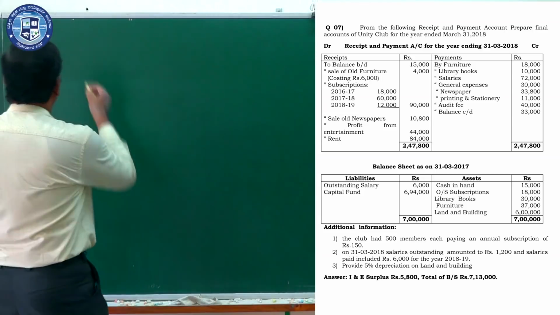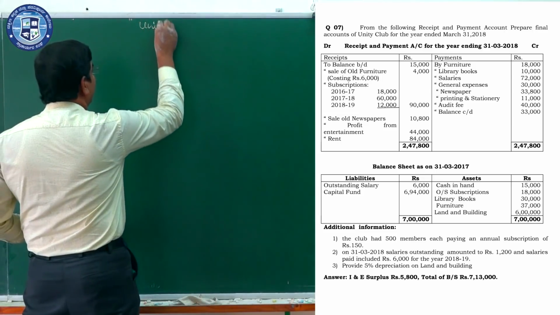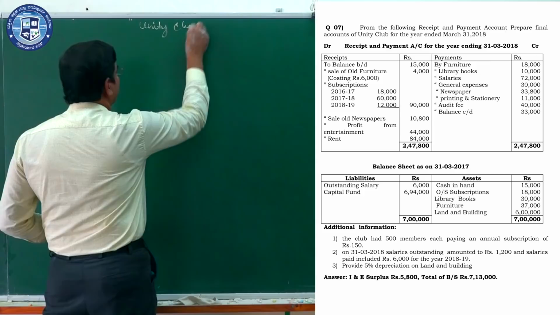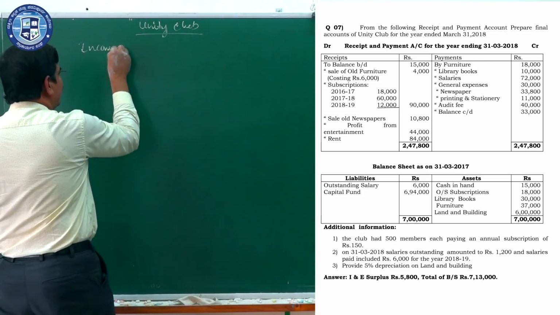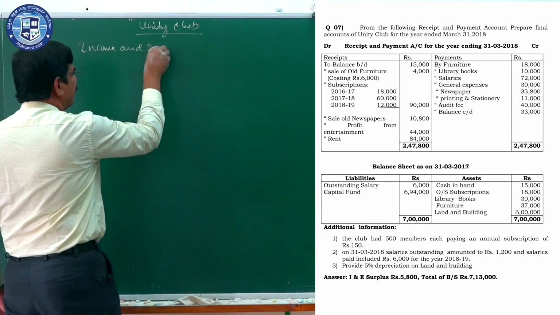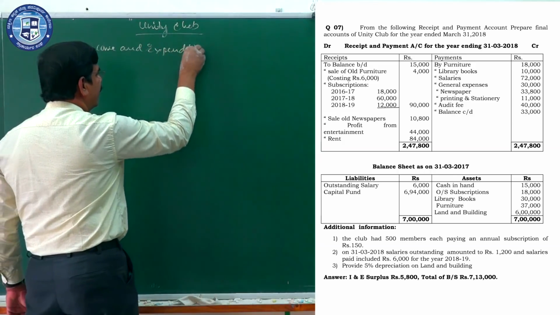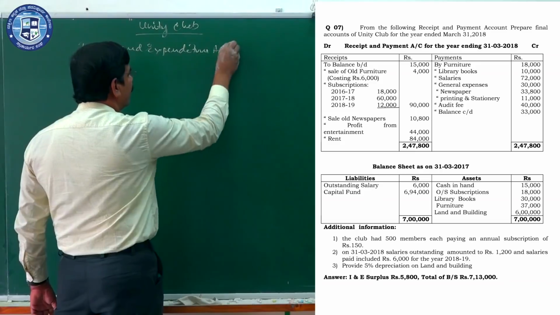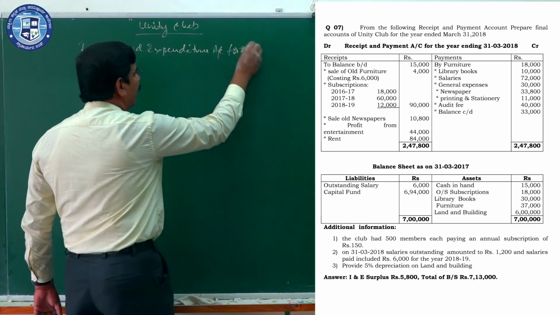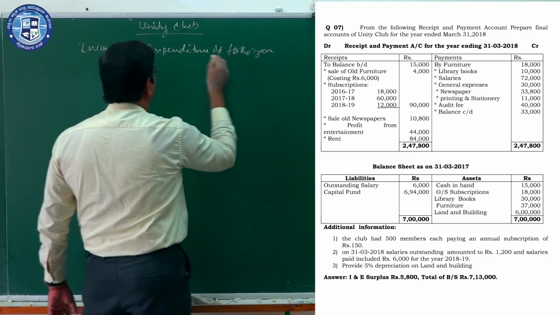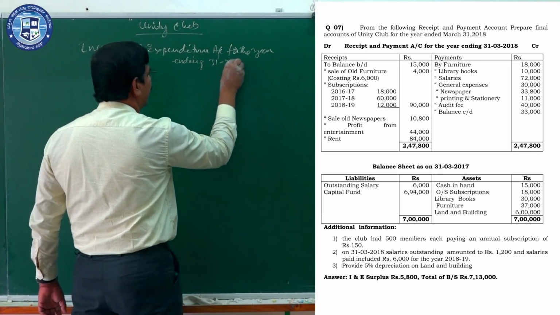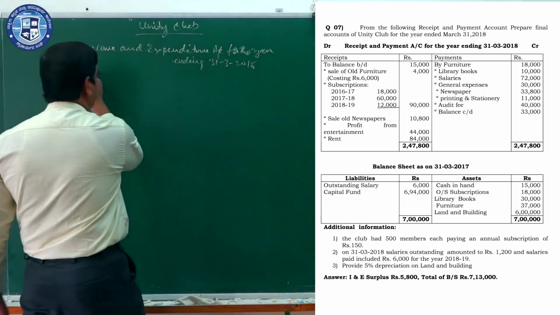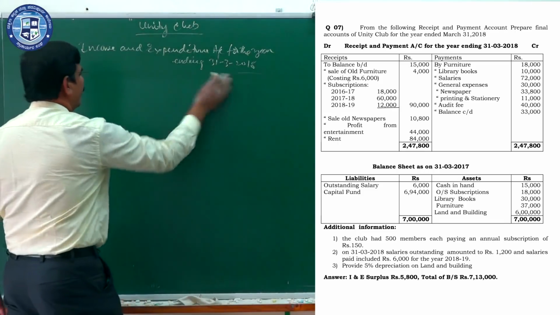Let us prepare the income and expenditure account. Write the name of the firm on the top, Unity Club. Income and expenditure account for the year ending 31st March 2018.